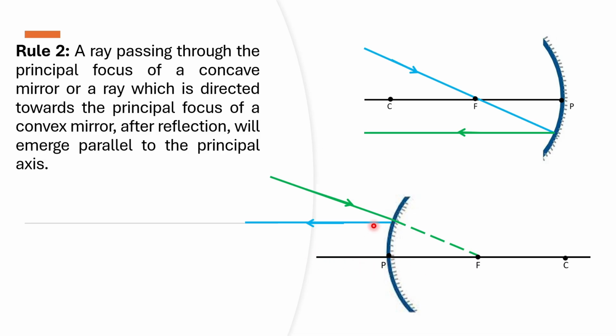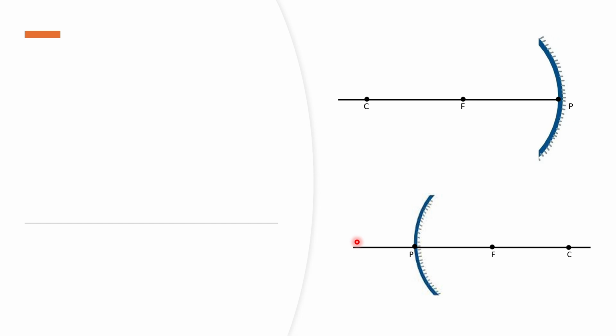So it becomes parallel to the principal axis. So easy, right? This is rule 2. Now let's move on to rule 3. Again, I want you to draw both the concave mirror and the convex mirror, and label all the points on both the diagrams. Now let's see what rule 3 says.